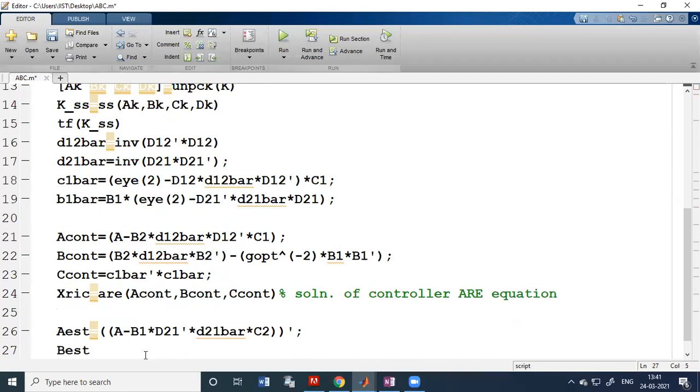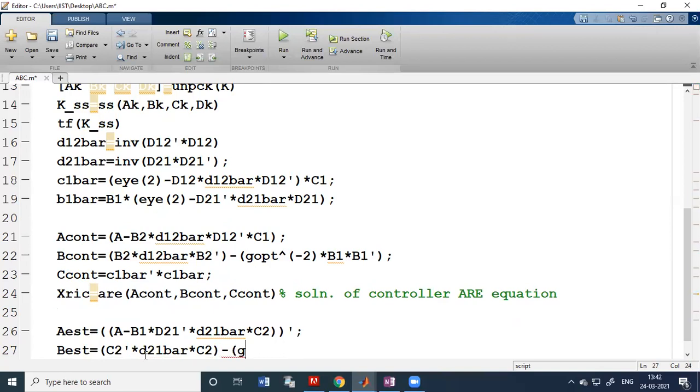B estimator will be what? Bracket open, C2 transpose into D21 bar into C2, minus what? Gamma raised to this thing.